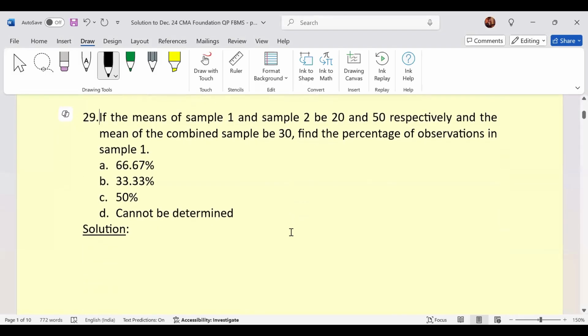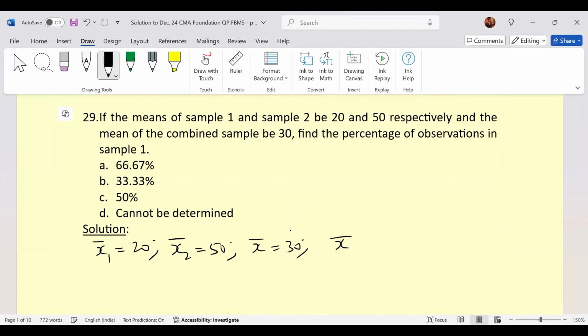If the means of sample 1 and sample 2 be 20 and 50 respectively, and the mean of the combined sample be 30, find the percentage of observations in sample 1. Here, x1 bar for the first sample is given as 20, x2 bar is given as 50, and the combined mean of the sample, that is x bar, is given as 30.